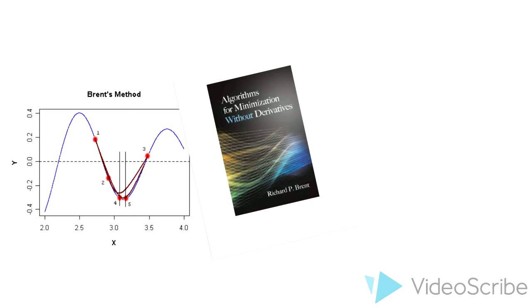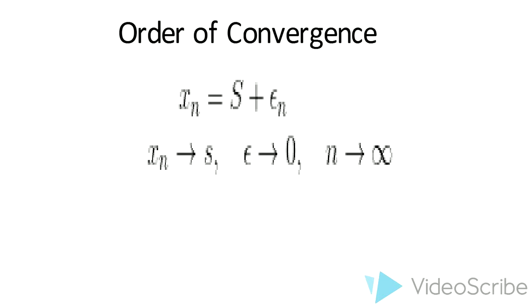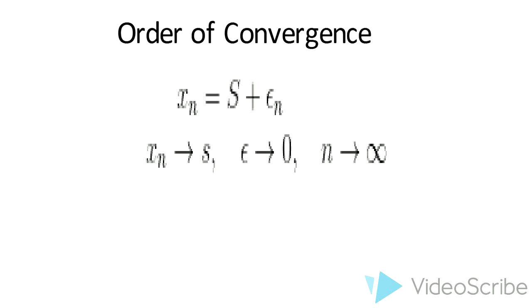Since this method is quite similar to the secant method, the order of convergence can be evaluated similarly to the secant method by letting x_n equal s plus epsilon_n, where s is the solution and x_n tends towards s when epsilon_n tends towards 0 as n tends towards infinity.